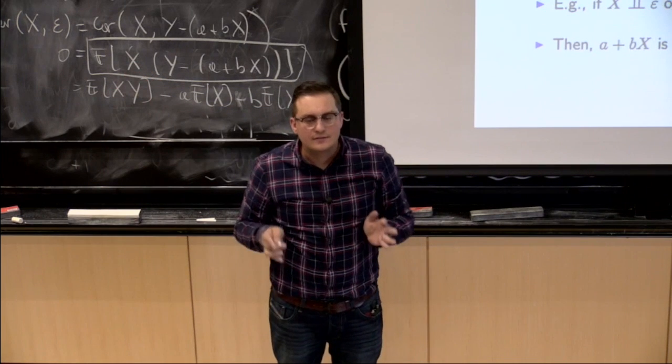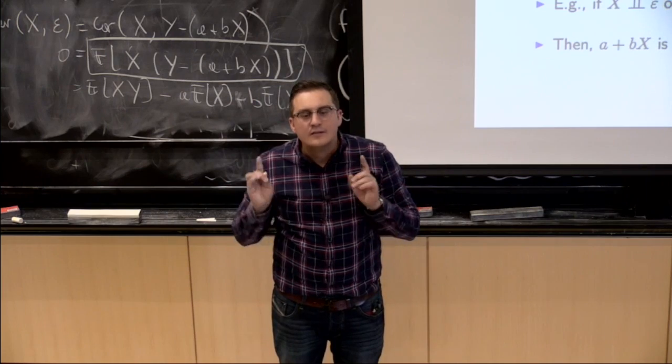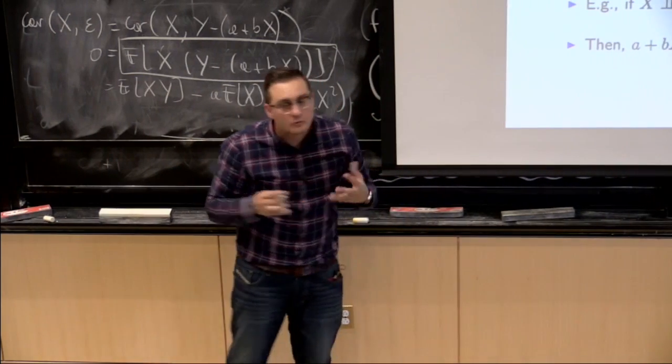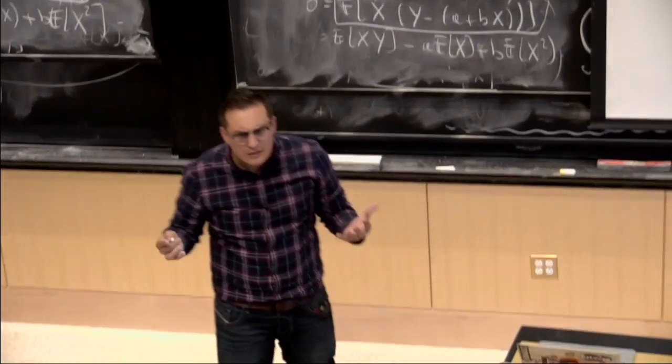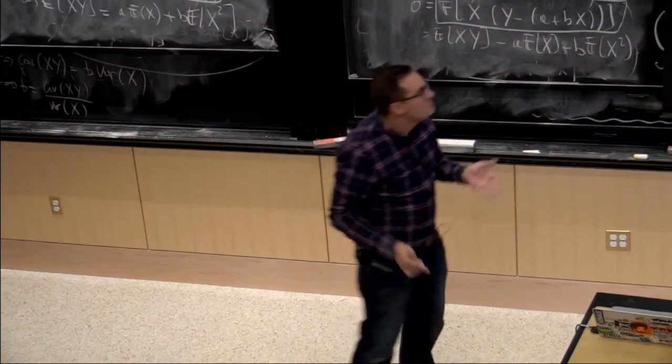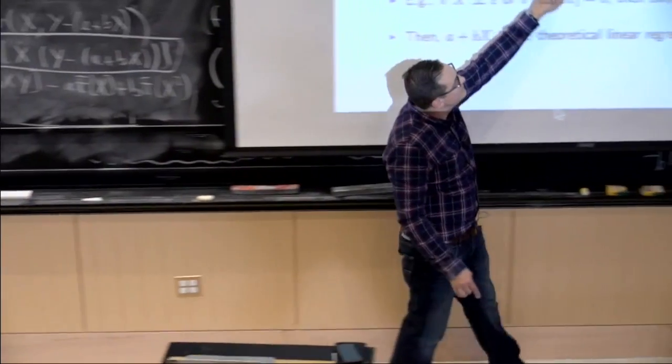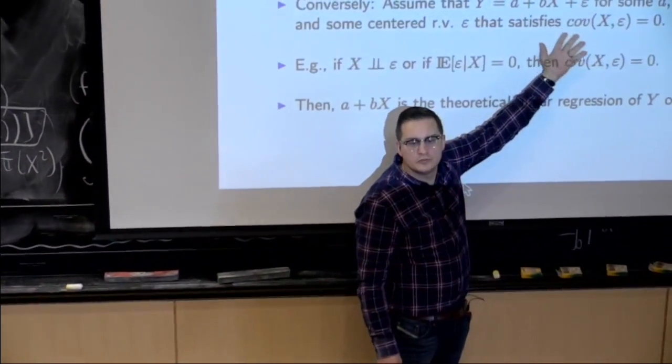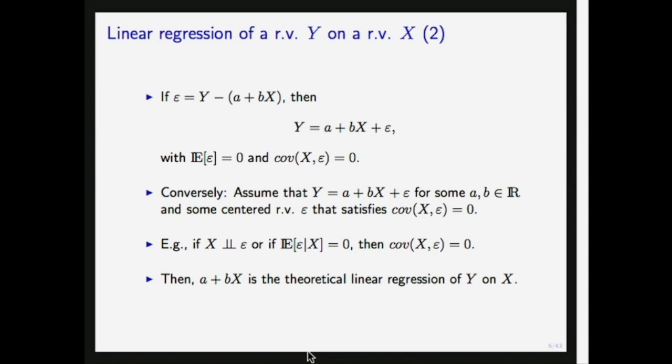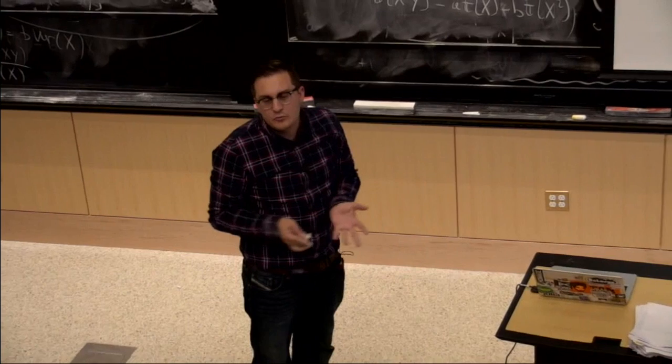So when you asked why don't we take the power 4 or something like this: if I have y equal to a plus bx, I don't need to put too many assumptions on epsilon. If epsilon satisfies those two things, expectation equal to 0 and covariance with x equal to 0, then the right a and b that I'm looking for are the ones that come with the square, not with power 4 or power 25. So those are pretty weak assumptions.